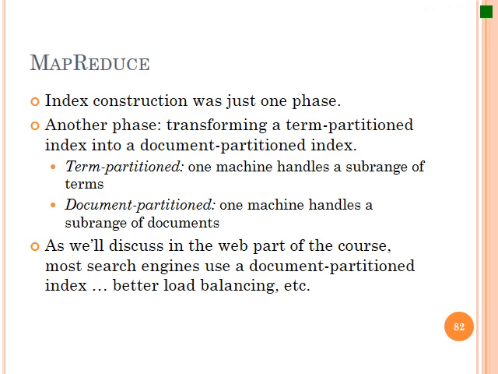In the document partition index creation, one machine handles a sub-range of documents. Later on in this course, as we will discuss, most search engines use a document partition index rather than term partition, for better load balancing and so on. I will explain this later on in the course.